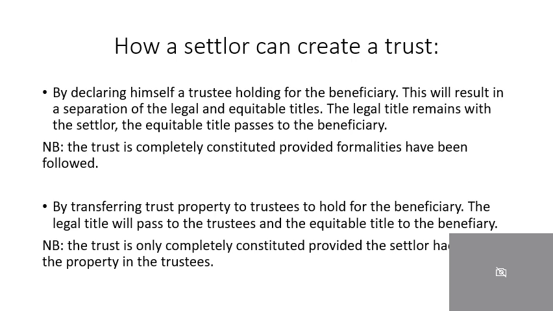Okay, so far the scenario I've given you is where the settlor has appointed other people to act as trustees. That doesn't always have to be the case. The settlor can himself or herself act as trustee. The settlor can declare himself or herself a trustee holding on trust for beneficiaries.